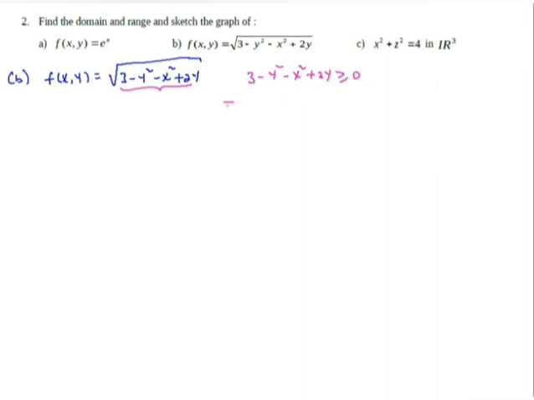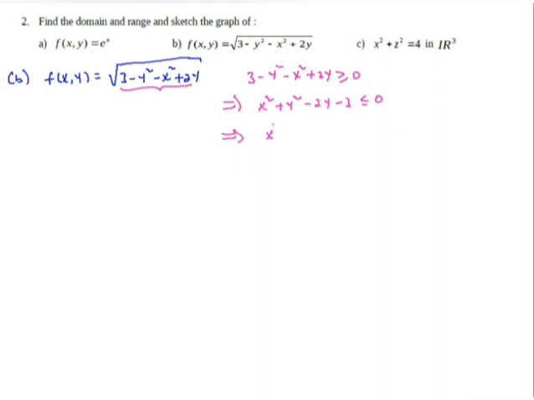What does this mean? Written another way, x square plus y square minus 2y minus 3 is less than or equal to 0. So how can we write this?